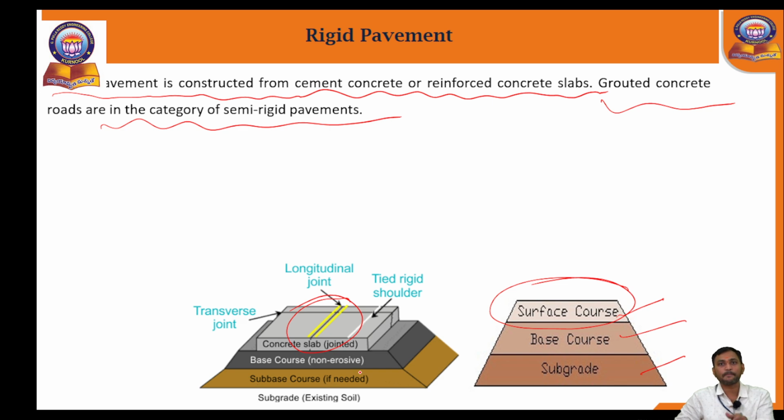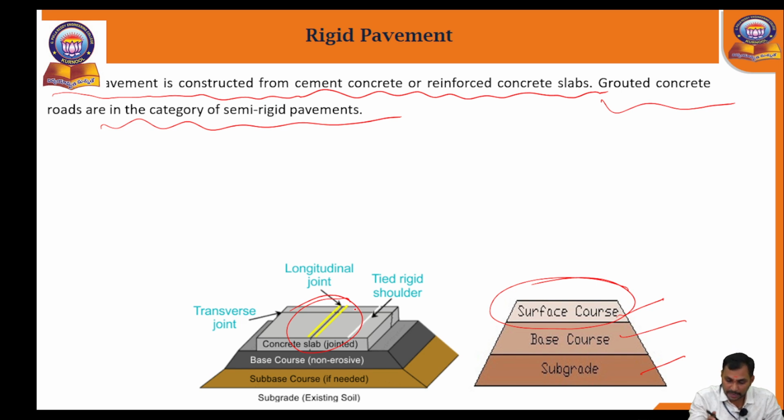When coming to the surface layer for flexible pavement, what type of road are we constructing? Tar road, bitumen road or asphalt road. When coming to the surface layer of rigid pavement, we use the concrete road.